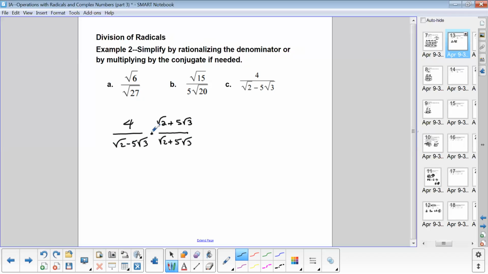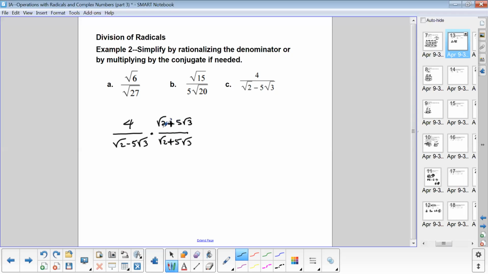Well, what are we going to multiply by? The conjugate. So you should see addition in the numerator and denominator, because what you're doing here, even though it's an irrational form, is square root of 2 plus 5 square roots of 3 divided by square root of 2 plus 5 square roots of 3, which is really 1.